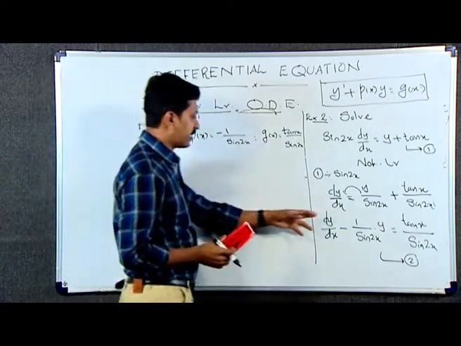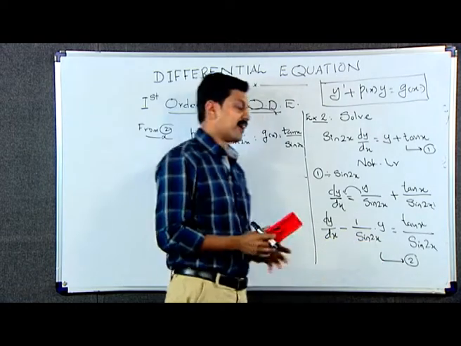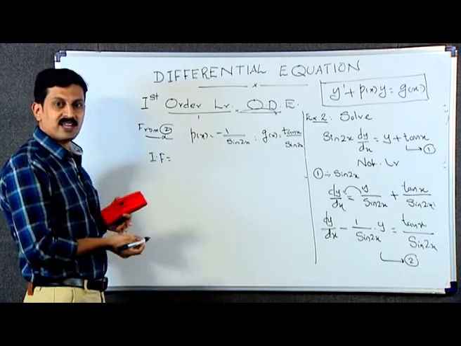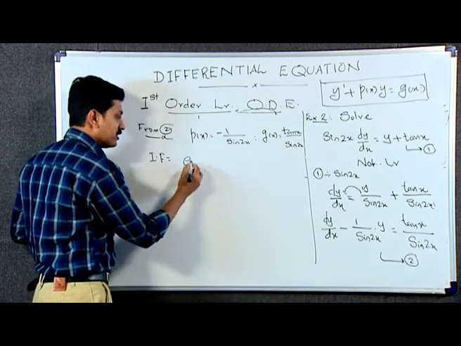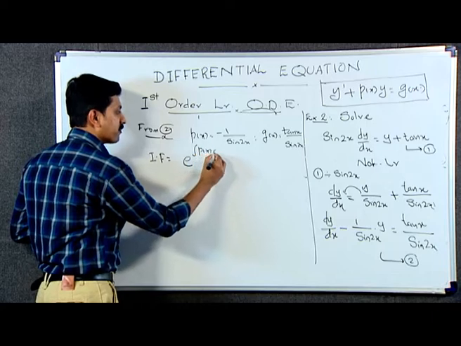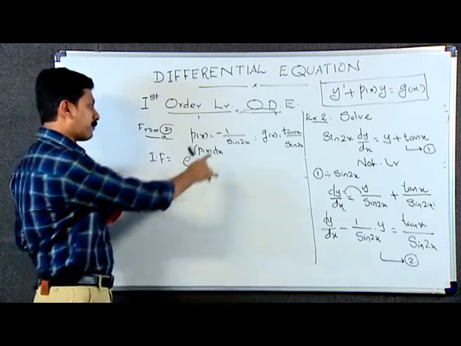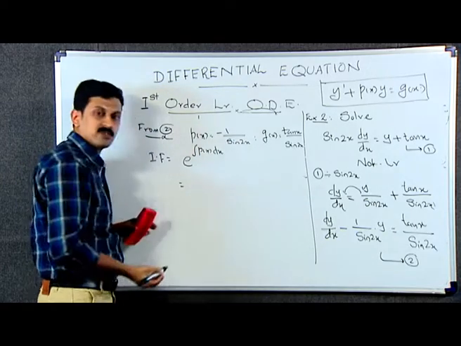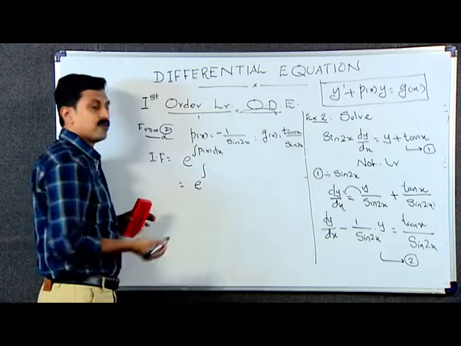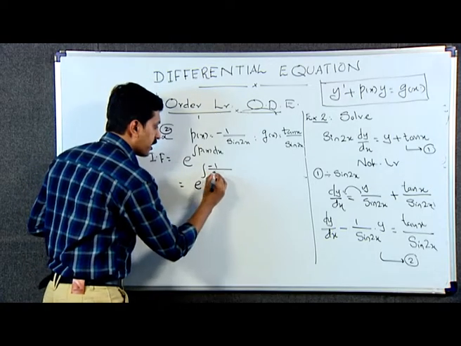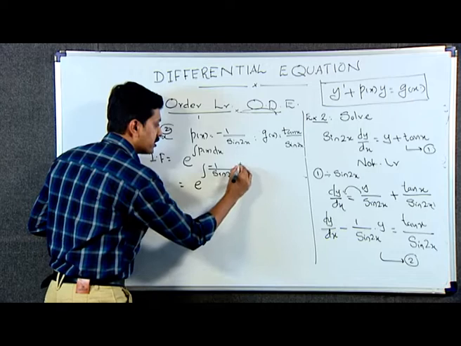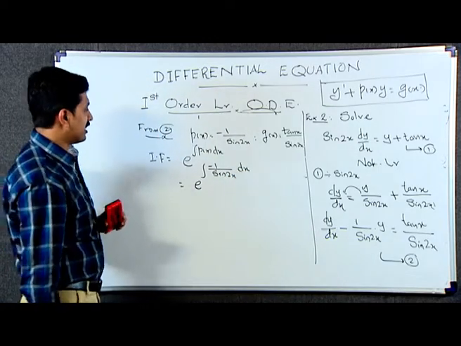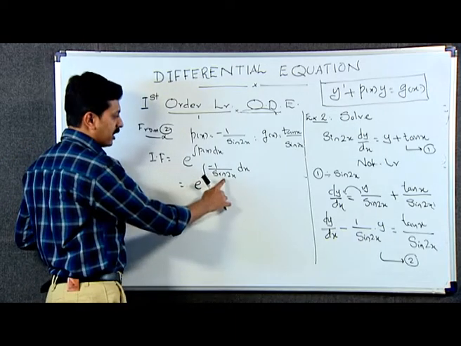See, we have to find the integrating factor. We have the formula, the integrating factor is equal to e raised to integral of p of x dx. We apply the value of p of x here. Therefore, this is equal to e raised to integral of minus 1 by sin 2x dx. See how we will solve this one.